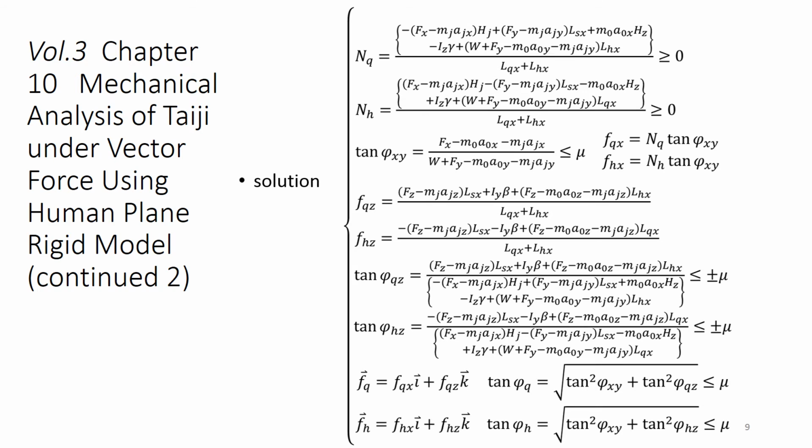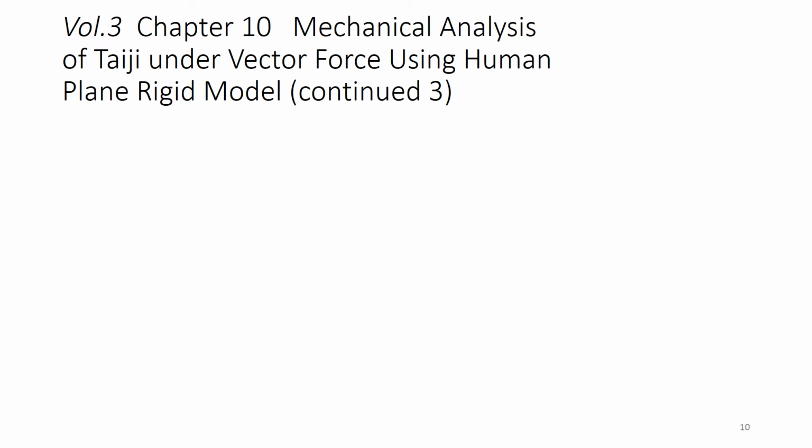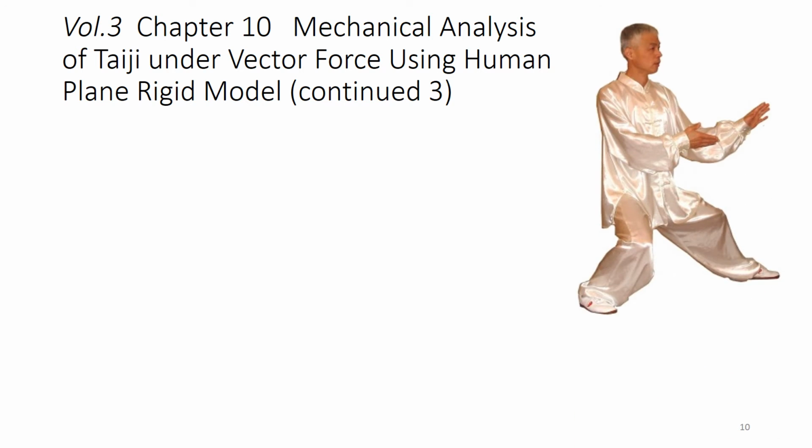Chapter 10. Mechanical analysis of Taiji under vector force using human plane rigid model. Continued 3. The input of a sit-stance pole.